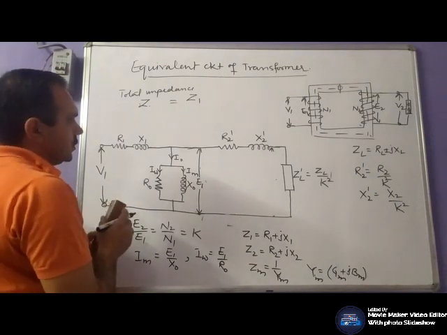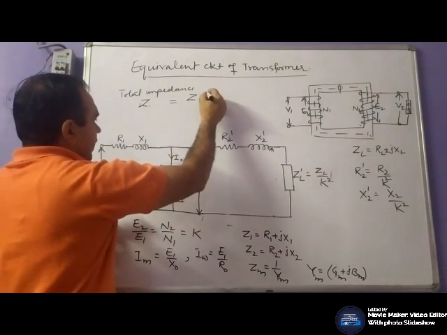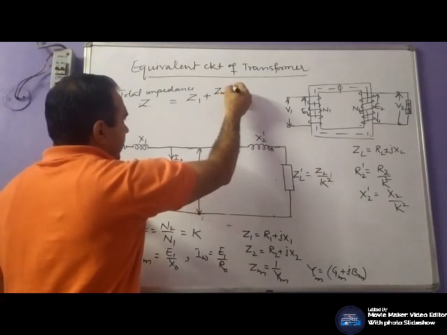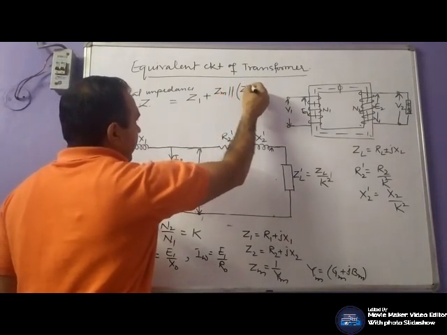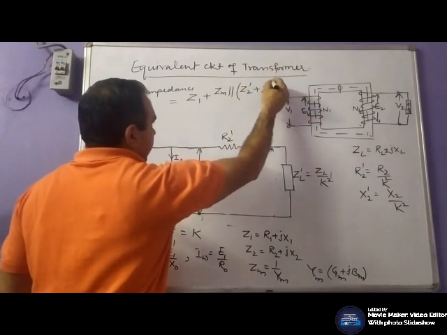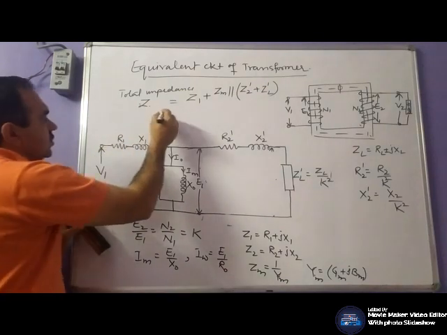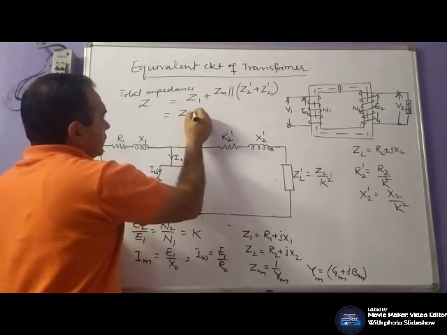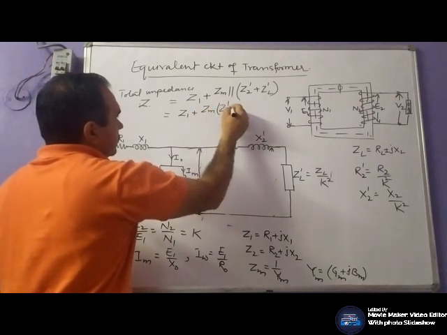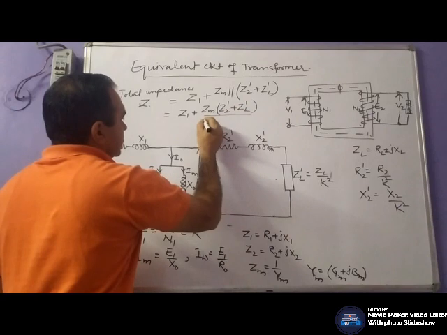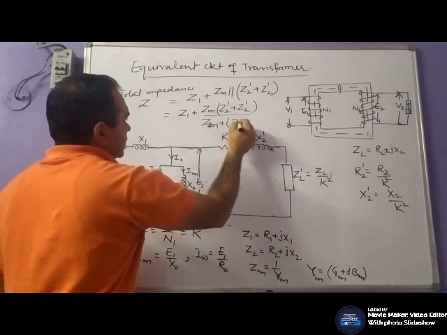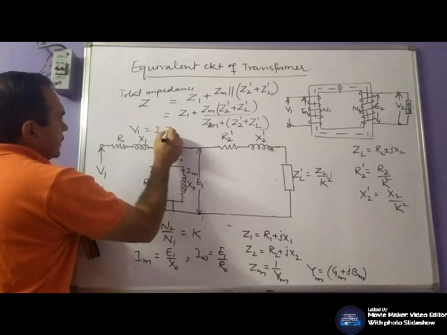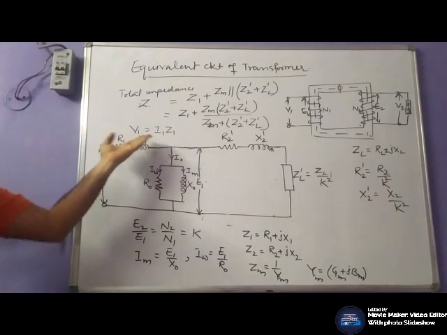So this will be Z1 plus ZM in parallel with Z2 dash plus ZL dash, that is, Z1 plus ZM times (Z2 dash plus ZL dash) divided by ZM plus Z2 dash plus ZL dash, and V1 is I1 Z, and we can find the primary current easily.